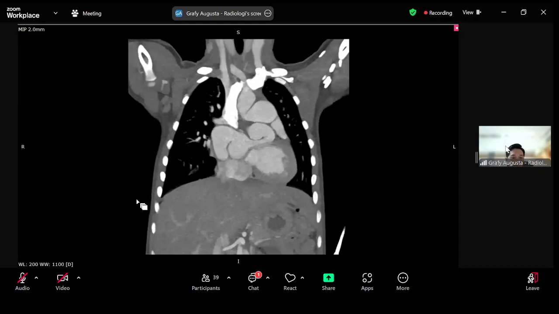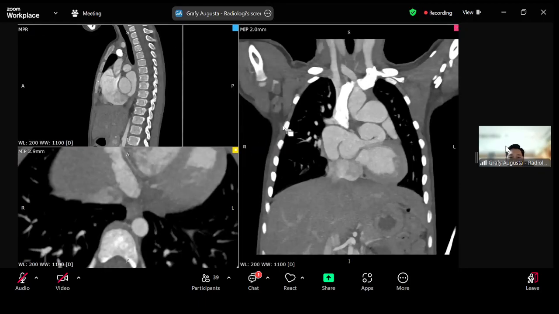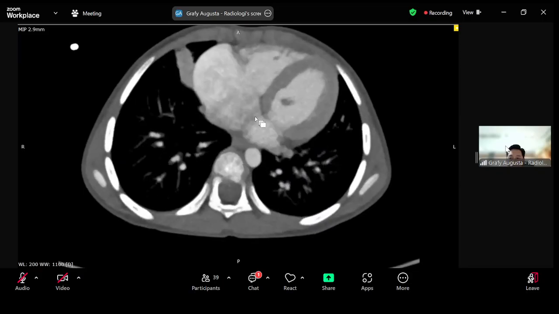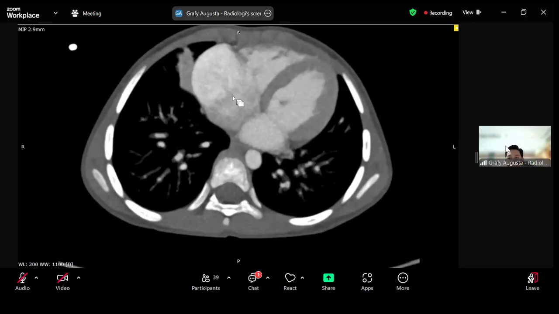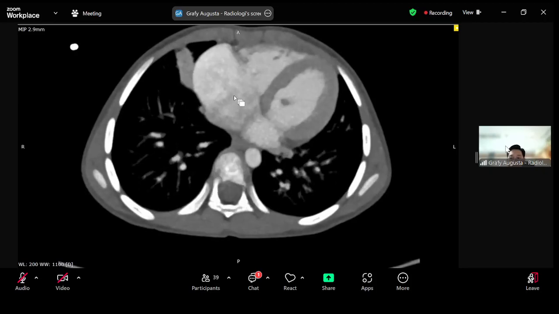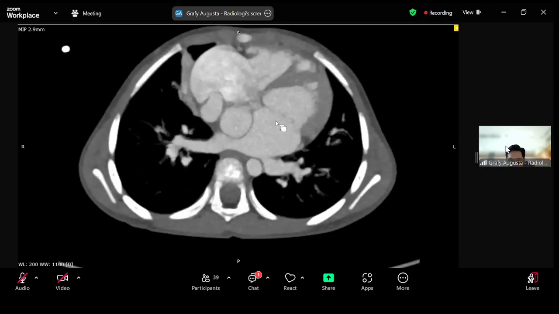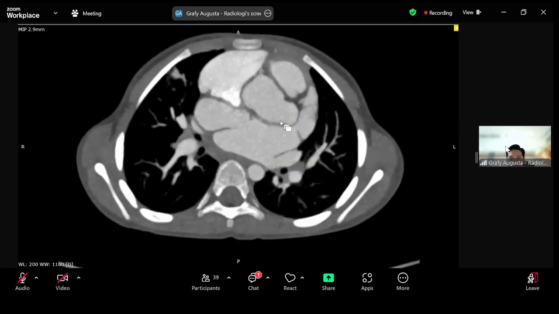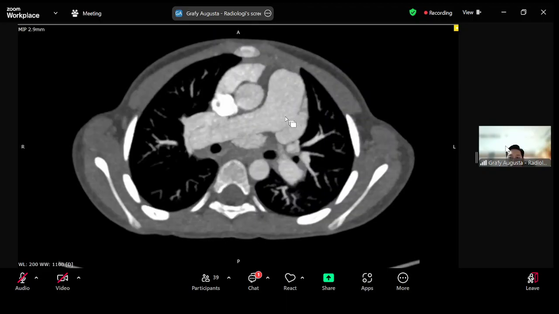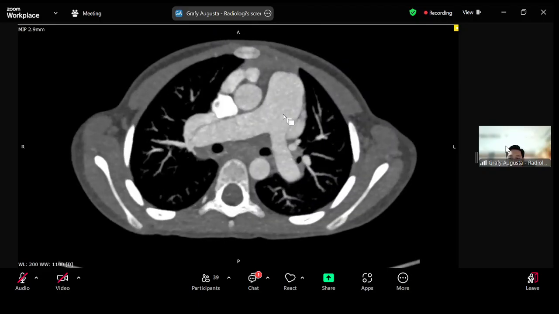In axial plane, we can see the right atrium appears slightly dilated, and there is also widening of the pulmonary trunk.